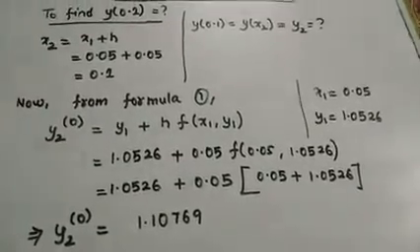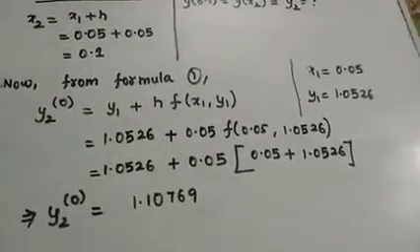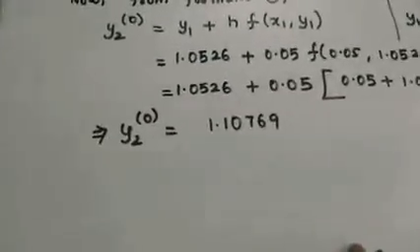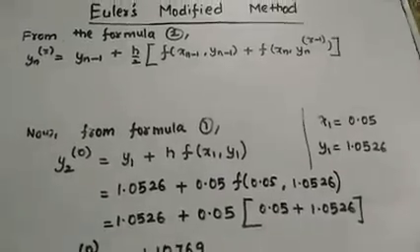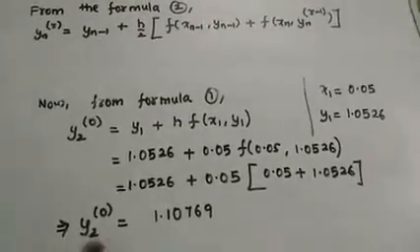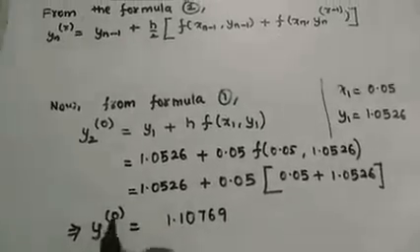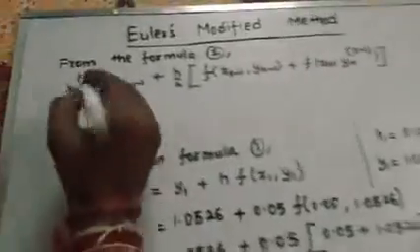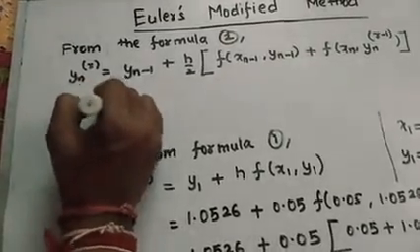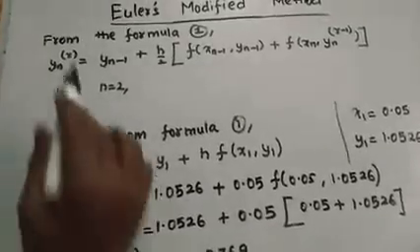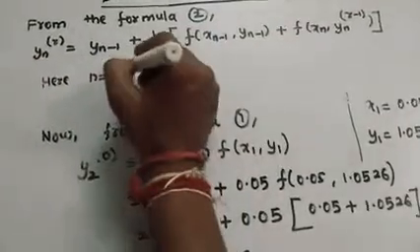Now using the second formula, we are going to modify this answer. So now using formula number 2, we will modify our y2 0. So whatever the n is here, your n will always be 2. Now r: we will start the value of r with 1 because already for 0 we have found it.